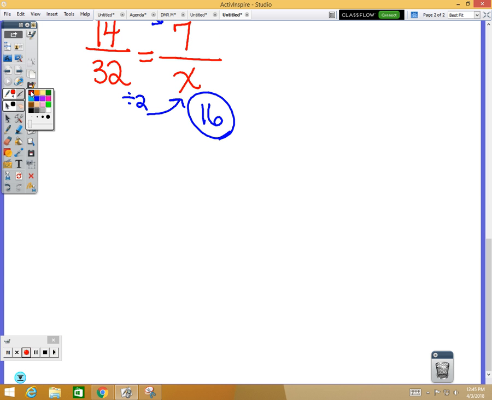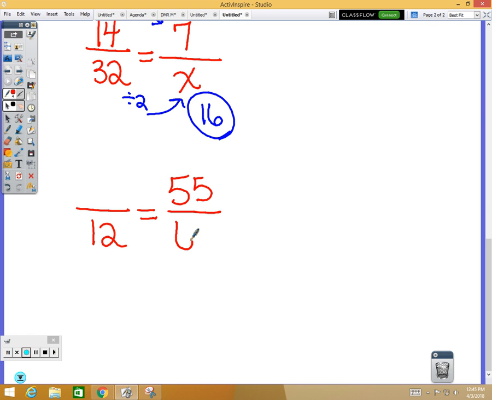Sometimes the number that you're finding is the number that's over here on the left, and that sometimes confuses people. Like if we have this. But you just need to think backwards, okay? So we can either do 60 divided by what is 12, or we can think 12 times what is 60.